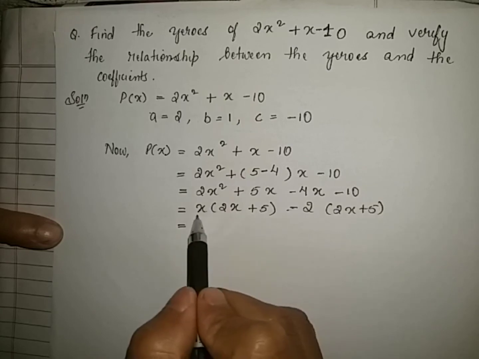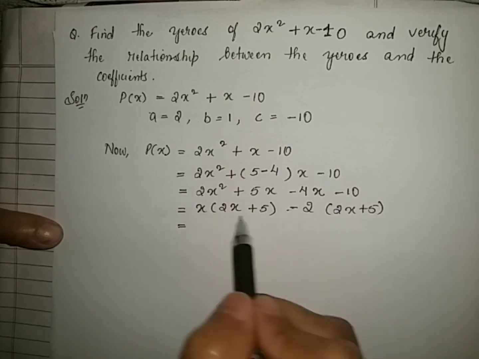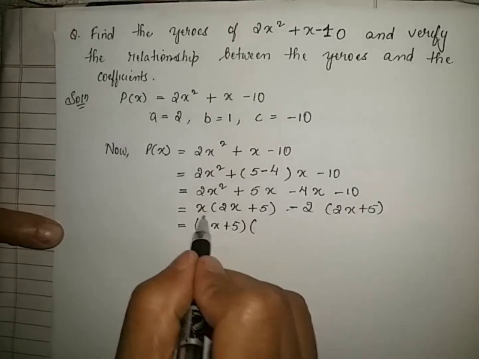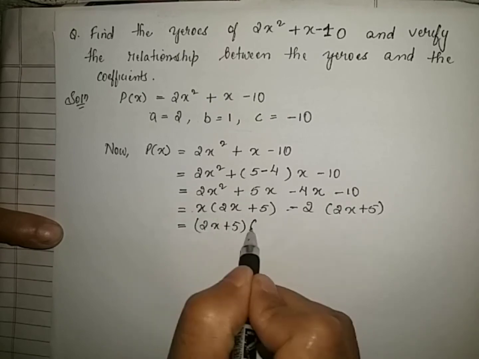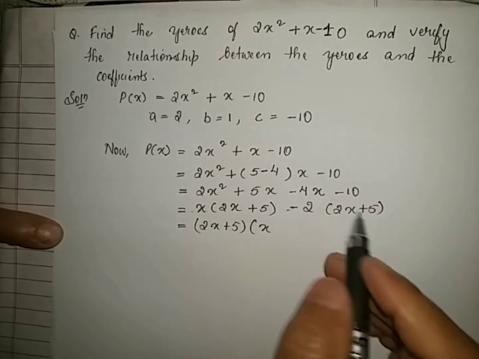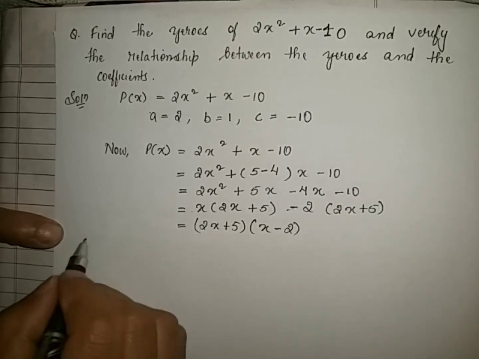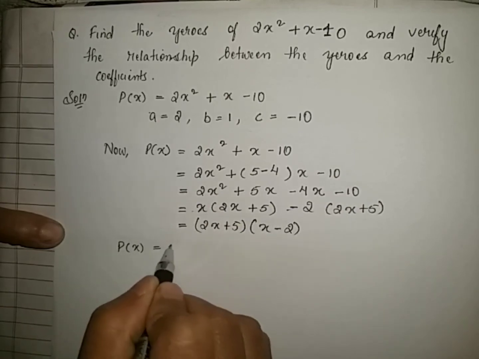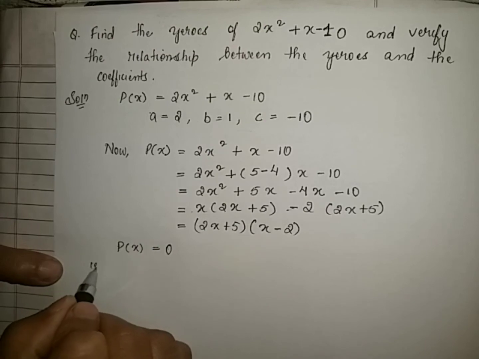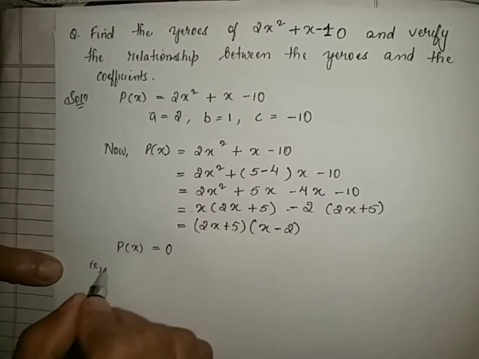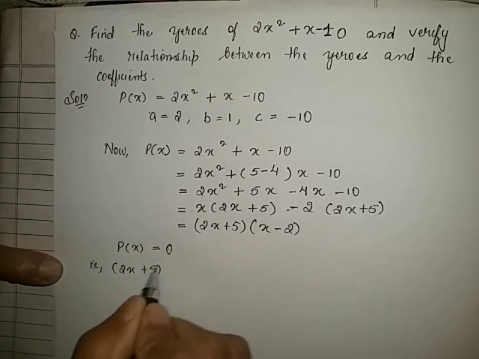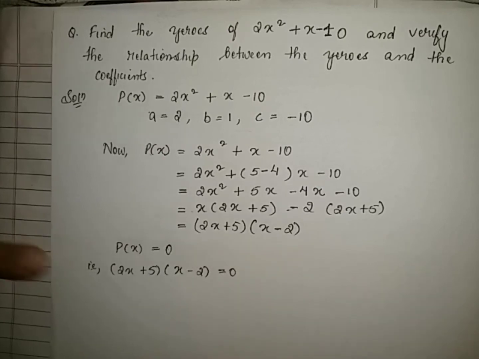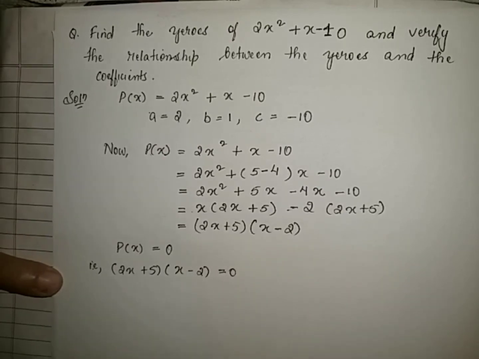Now for the other two terms, if I take 2x plus 5 in common, then from here I am left with x, and from here I am left with minus 2. Now if p of x is equal to 0, that is p of x is 2x plus 5 times x minus 2 equal to 0. This is a product of two terms.